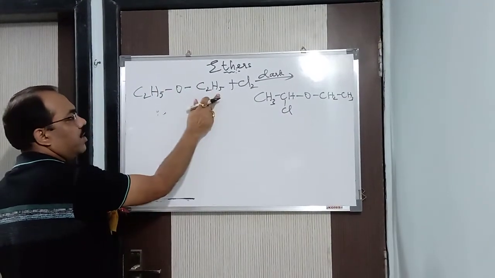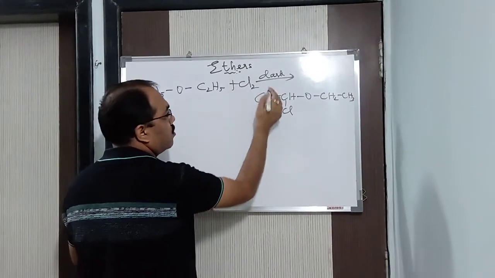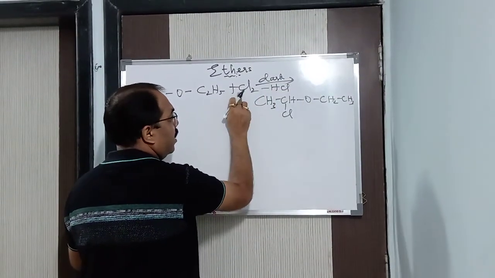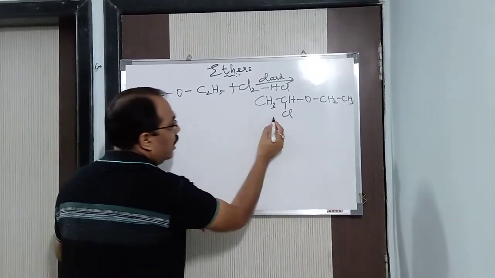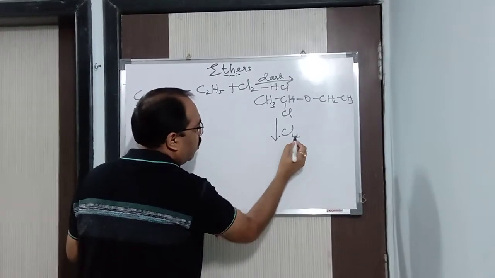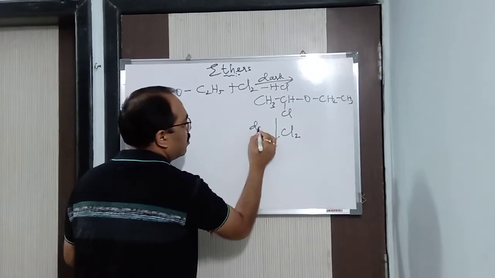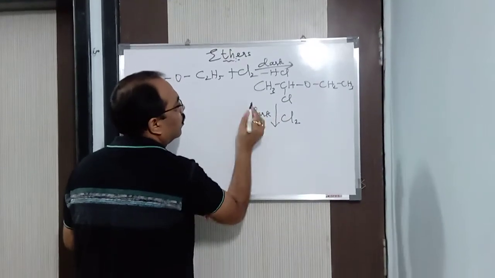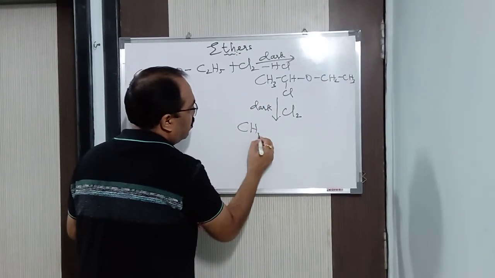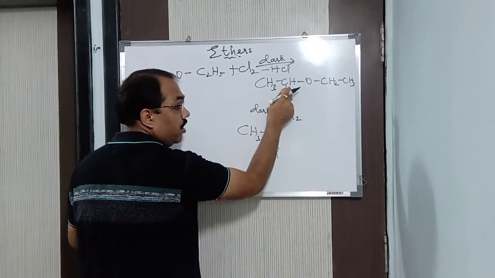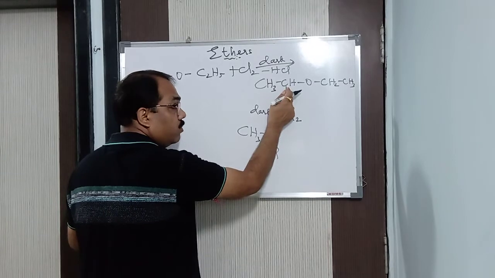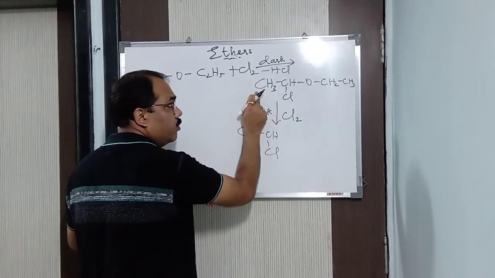When hydrogen is replaced by chlorine, that hydrogen combines with another chlorine to form HCl. Now suppose another chlorine reacts, same in presence of dark. So CH3 now CHCl, so one alpha hydrogen atom I have removed here. After the functional group, the carbon atom is called the alpha carbon, and this is your beta carbon.